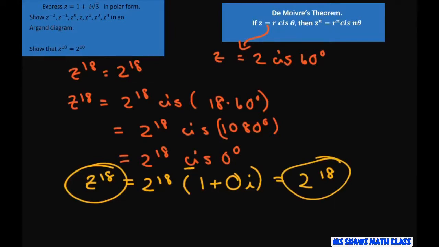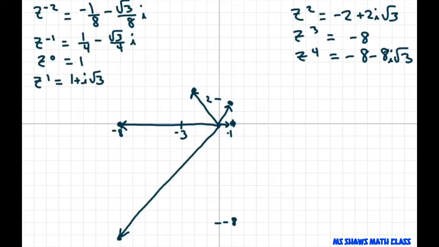Now for the diagram, I already started it and wrote everything out. So z to the negative 2 is right about here, so I'll put a little dot there. z to the negative 1 is this one, 1/4 negative, so it's about in here.